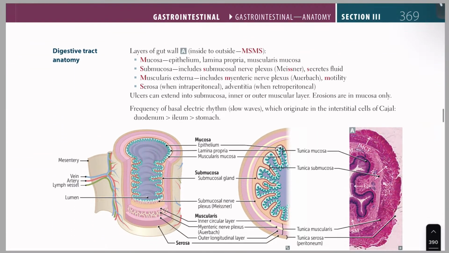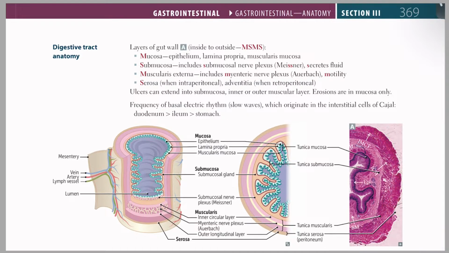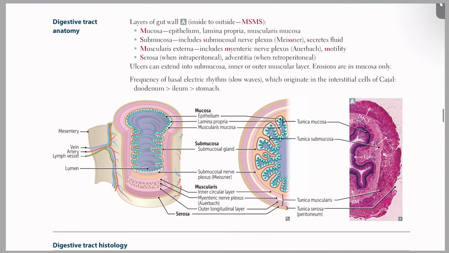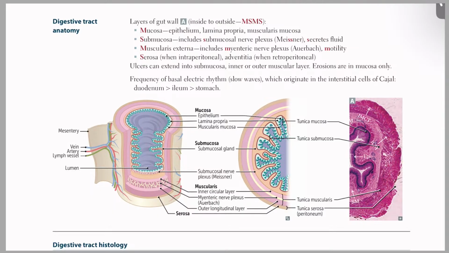Let's read digestive tract anatomy, layers of gut. This is going to be our last topic for today. Layers of gut wall, from inside to outside.